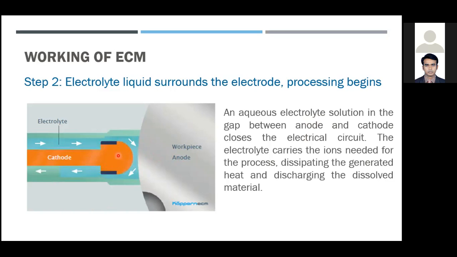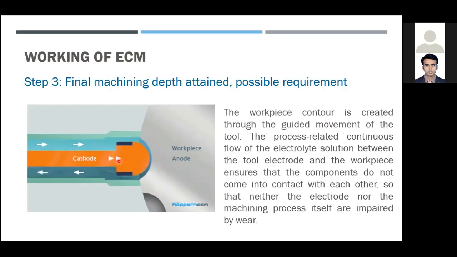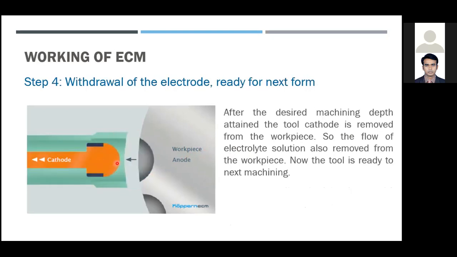In the next step, the tool advances toward the workpiece, and the workpiece is machined into the shape of the cathode. So the workpiece contour is created through the guided movement of the tool, and after that the cathode is removed. That means the workpiece is removed, and it can be used for the next machining process.